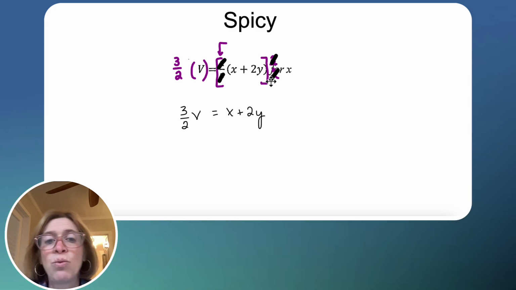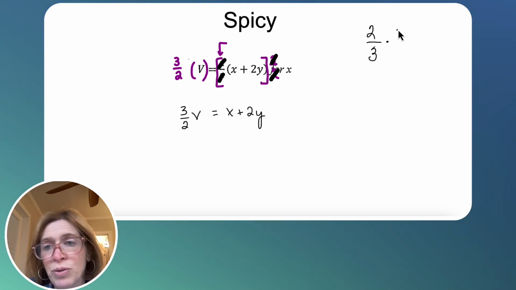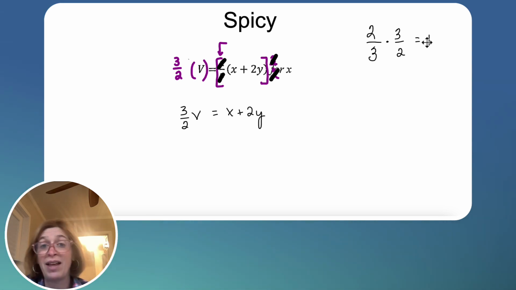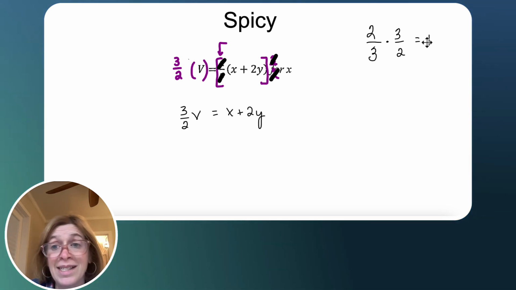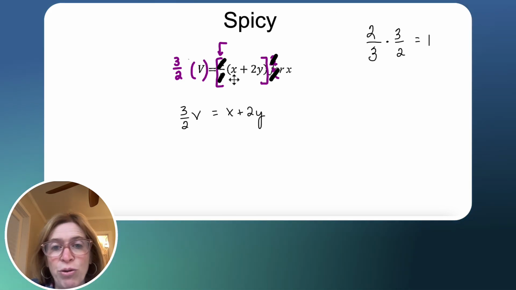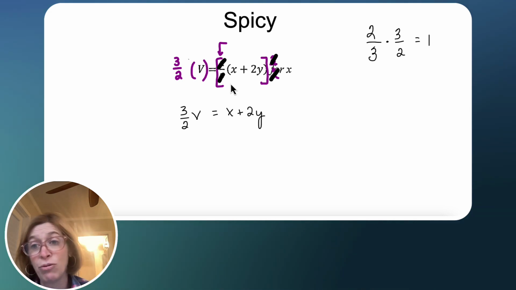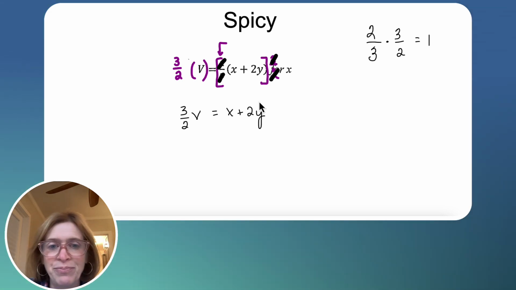Remember, the reason this is working is if you take 2/3 and you multiply it by its reciprocal, it gives you the number 1. You're trying to make it 1 on the right side. So that's why I'm multiplying by the reciprocal, 3/2. If I was clearing fractions, I could multiply by 3 and then divide by 2, but it's the exact same thing.